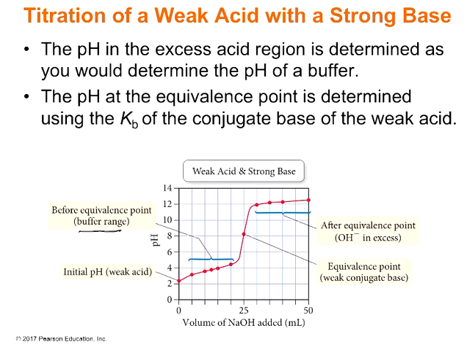So we talked about that buffer range. And then the pH at the equivalence point will be determined using the Kb of the conjugate base of the weak acid. Okay. And again, we'll go over an example if that doesn't quite make sense right now.